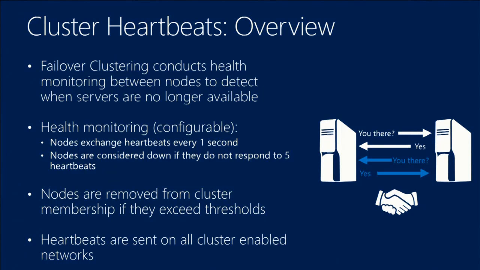By default, out of the box, when you create a cluster, the heartbeats are sent every second. If a node misses a heartbeat, we have a built-in threshold, which is again a default of 5 missed heartbeats. Beyond 5 missed heartbeats, which at once per second is 5 seconds, the cluster would consider a particular node as down, and then it would take down the applications that are hosted on that node.